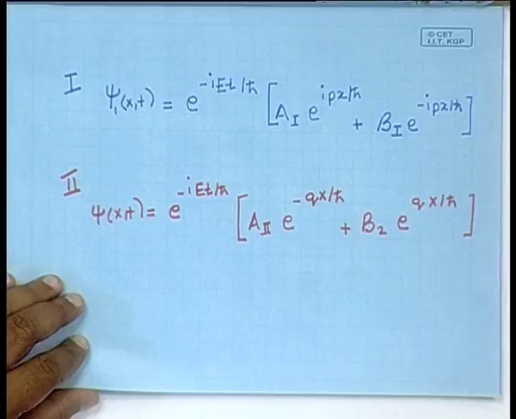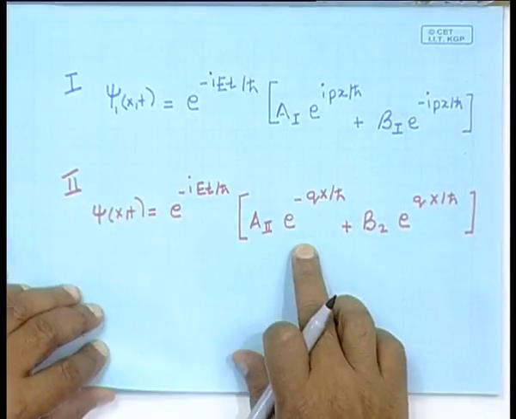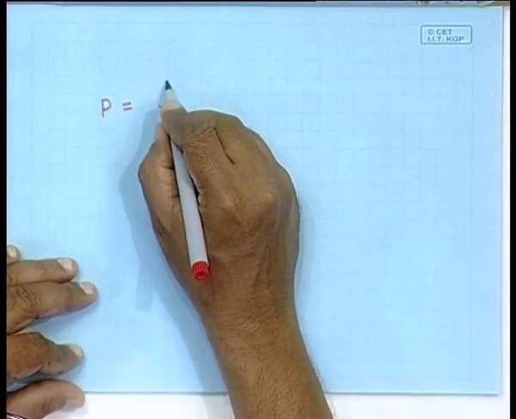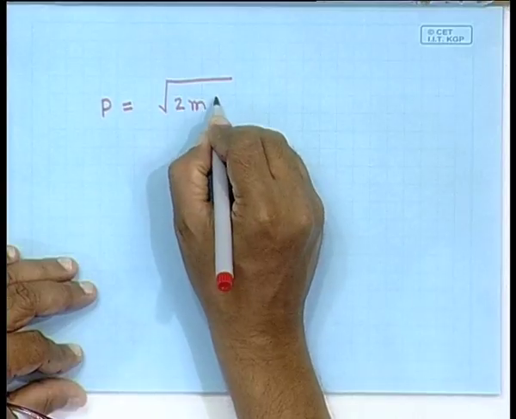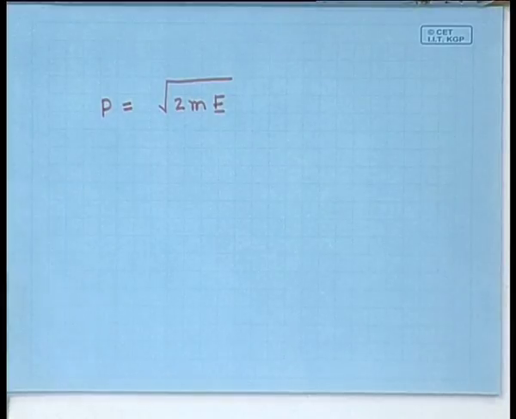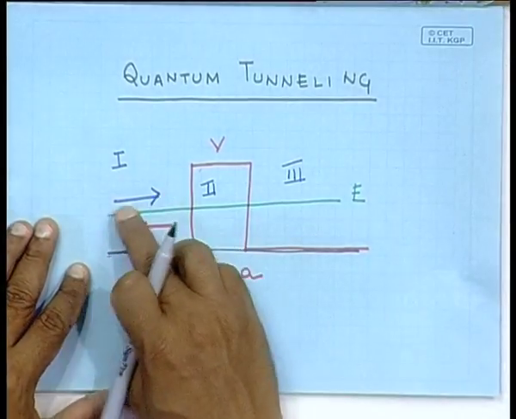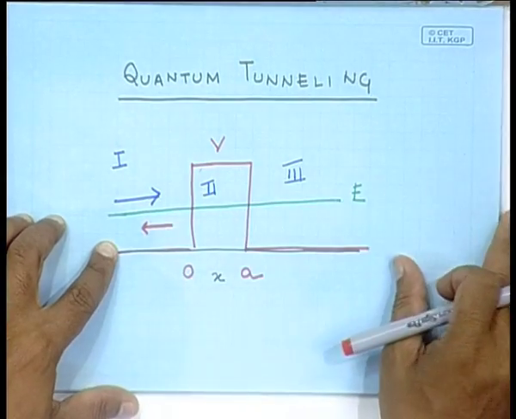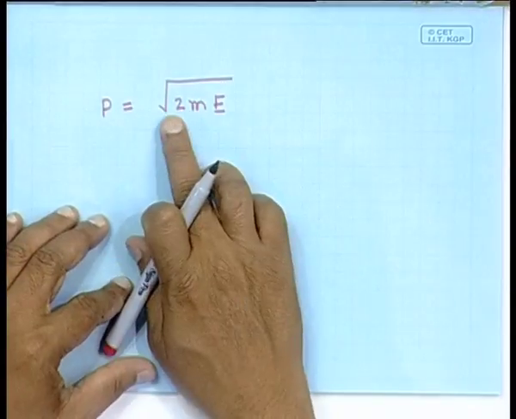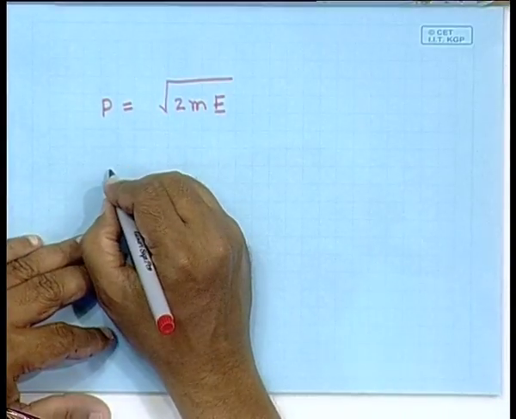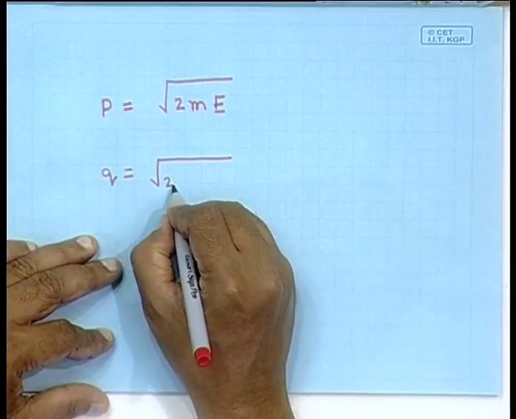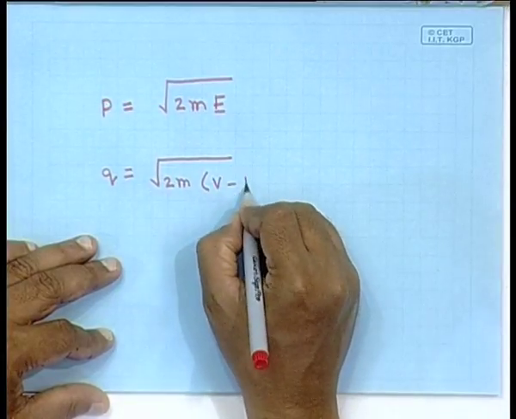Let me remind you what p and q are, as we discussed in earlier lectures. p is the momentum of the particle in the region where it is free, and it is the square root of 2 m E. And q is the square root of 2 m (V minus E).